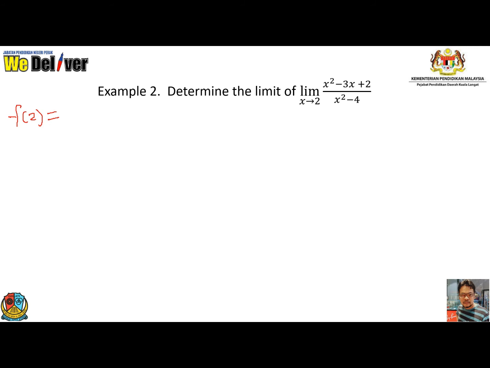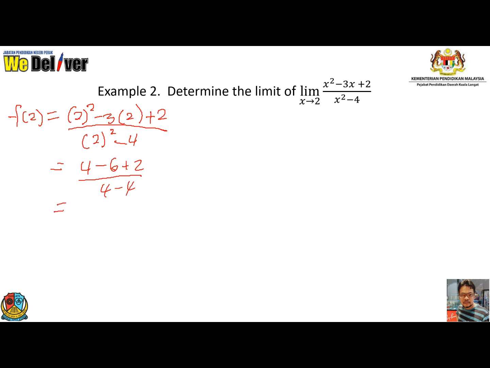So substitute x equals 2 in the function, you get f(2) equals (2 squared minus 3 times 2 plus 2) over (2 squared minus 4). So we get (4 minus 6 plus 2) over (4 minus 4), which is 0 over 0.